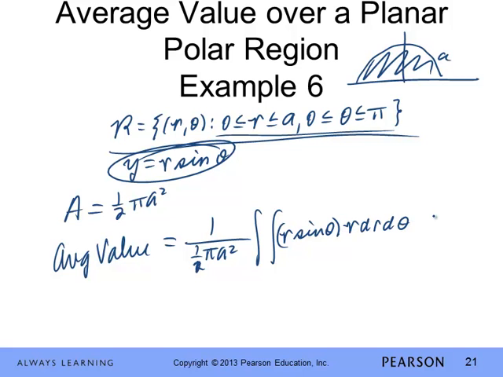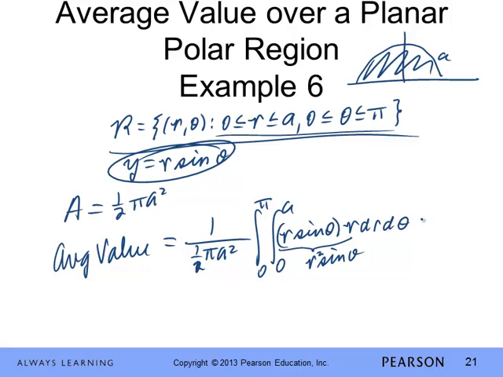Now, your r is going to vary from 0 to a, and theta is going to go from 0 to pi. All right, so hey, it's a double integral. Integrate with respect to r first. Remember that your integrand is r squared sine theta. So you integrate with respect to r first, and then you integrate with respect to theta.